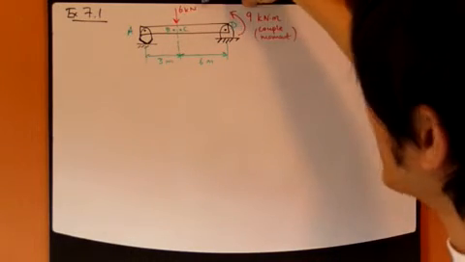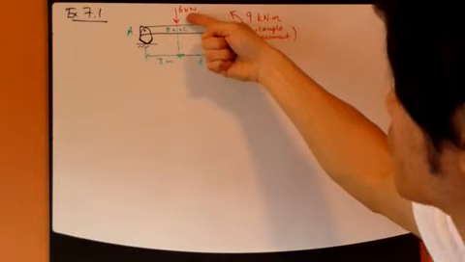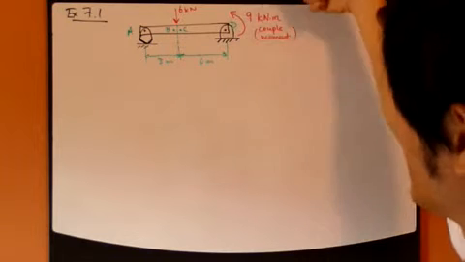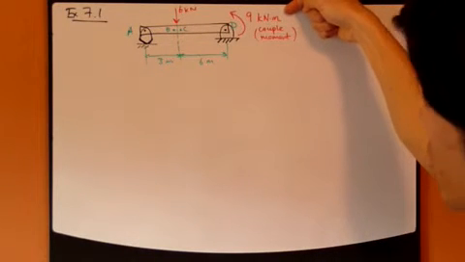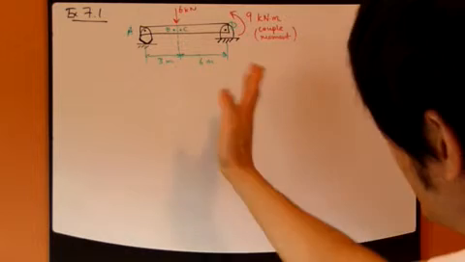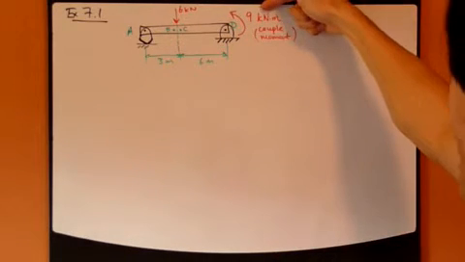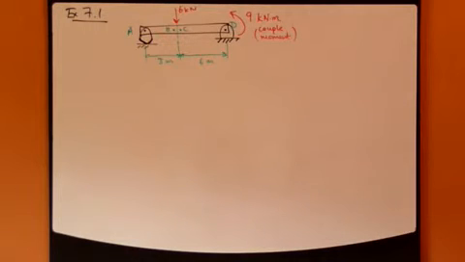Now, there are two external loads going on. First, you have this 6,000 Newton force coming straight down at this position. And also you have a couple moment applied, an external moment applied counterclockwise, 9,000 Newton meters of moment.